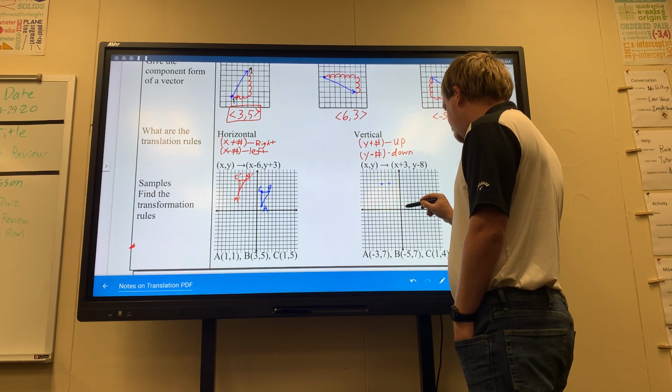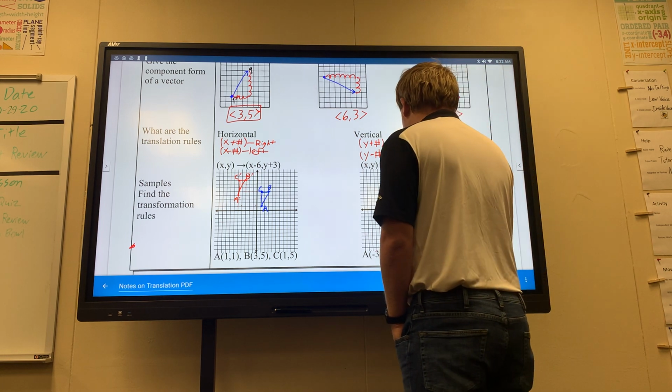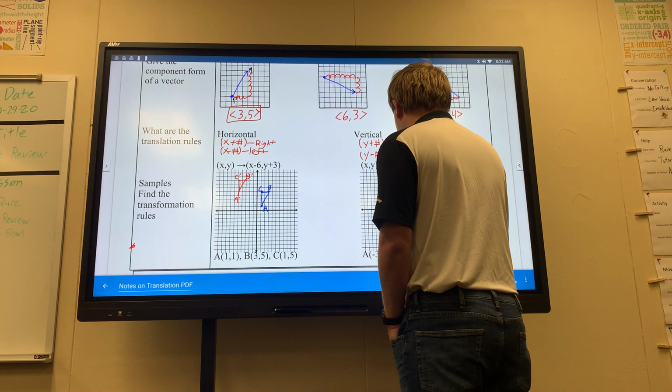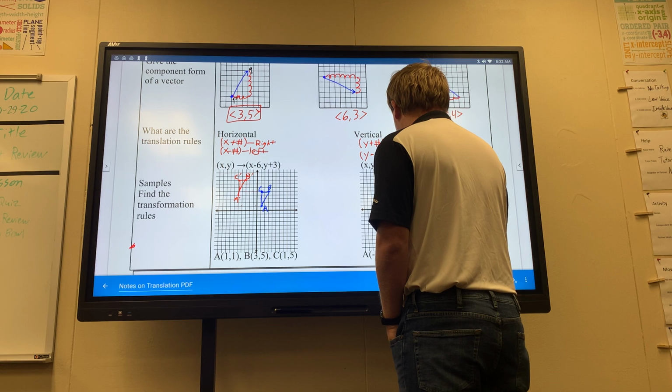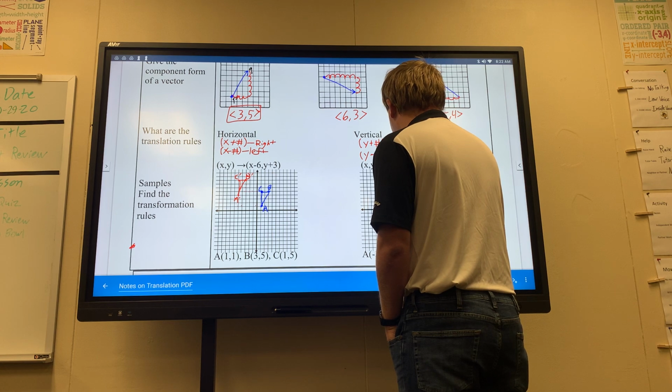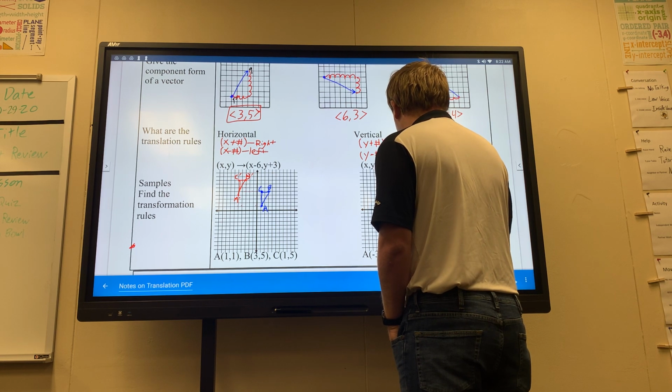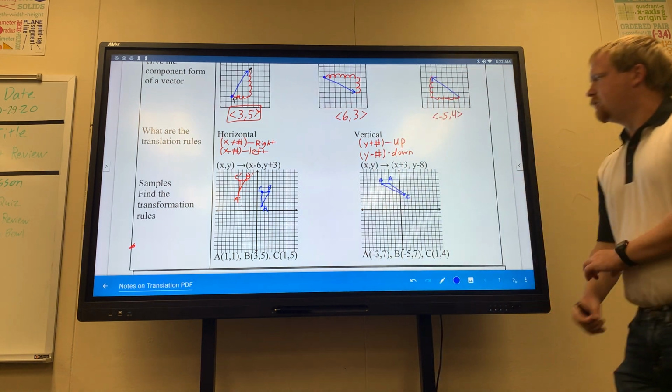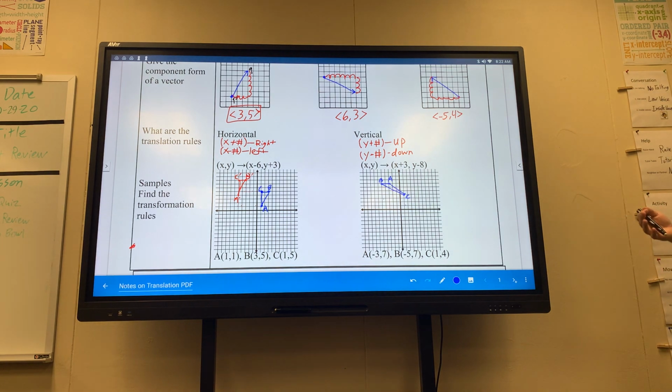And then 1, 4, 1, 1, 2, 3, 4. So this is points B, A, C. Okay, so again, those are my values.